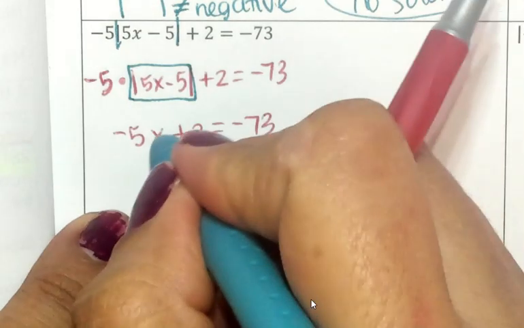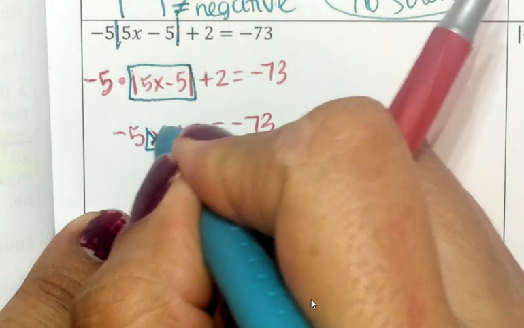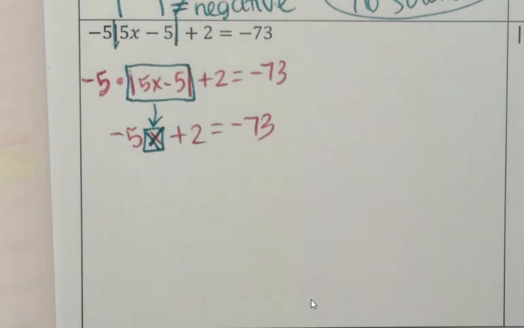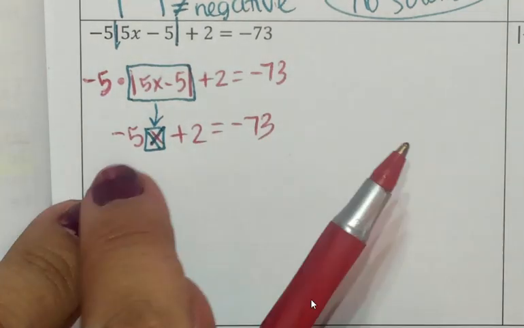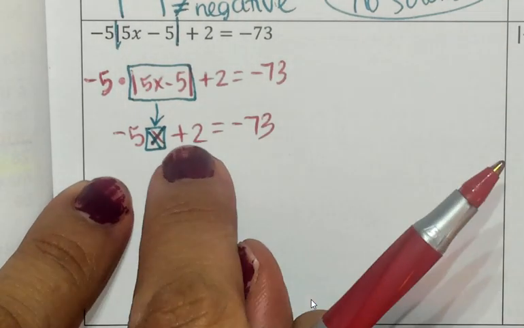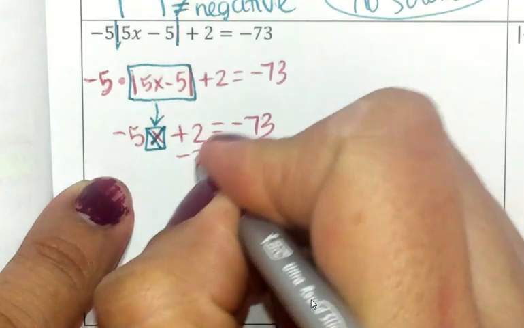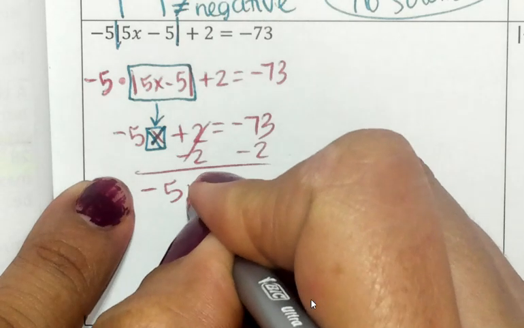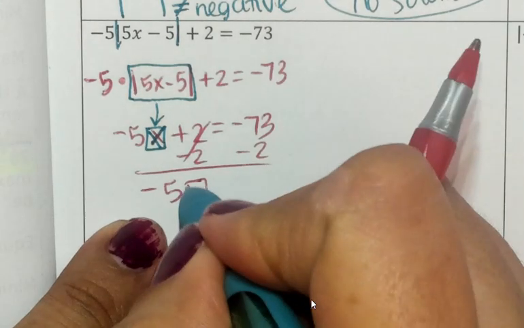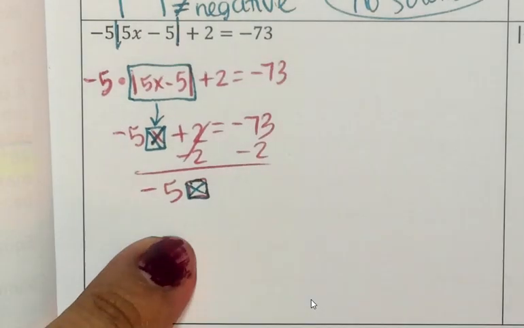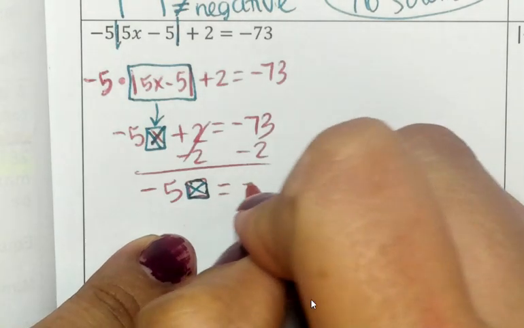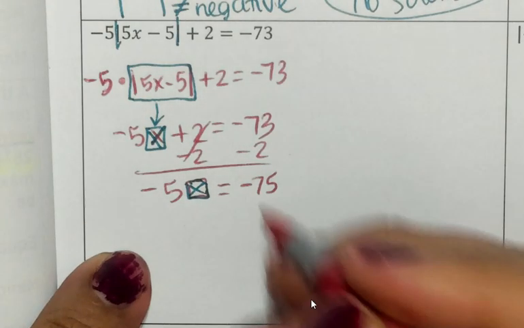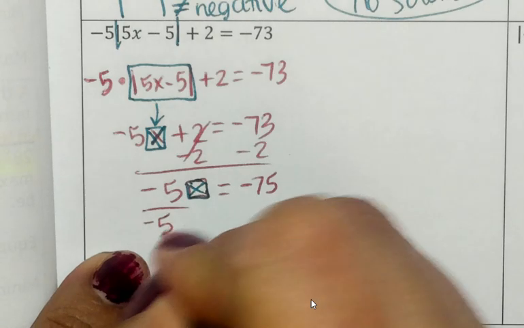Again, where this x is representing that absolute value. So this is just like solving an equation. That 2 needs to go first. So minus 2. And then now we have negative 5. I'm just going to keep drawing like a box to keep track of it. Equals negative 75. And then we divide by negative 5.